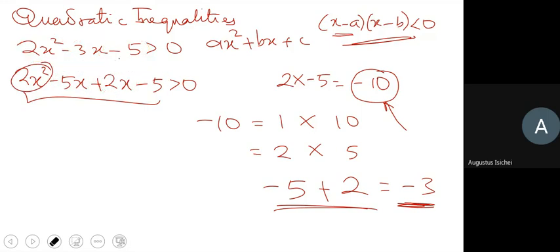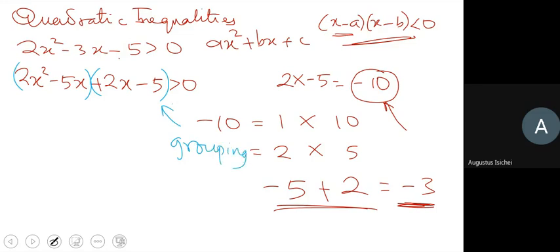We need it because we want to do what is called factorization by grouping. So I will group the first two terms and group the second two terms. So we have two pairs. I have not factorized though. What I just did here is what's known as grouping. It is from the grouping that we will then do the factorization.